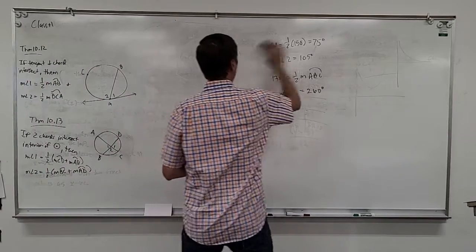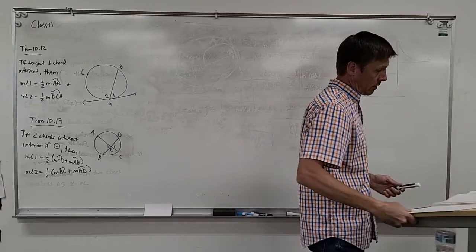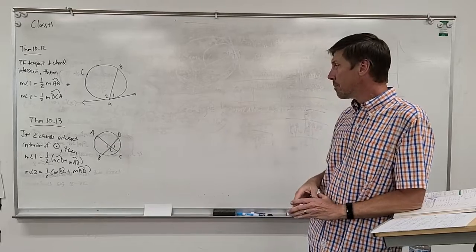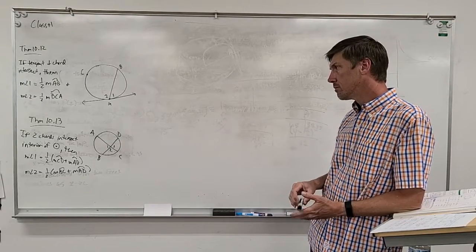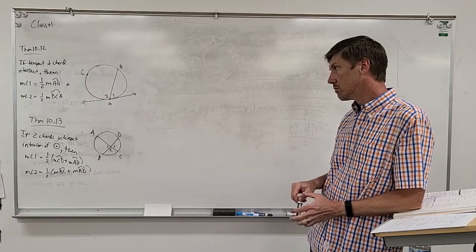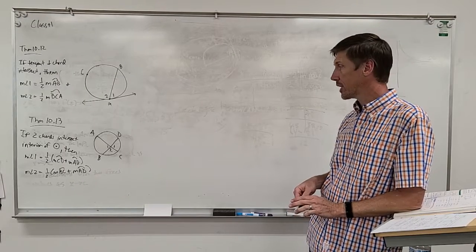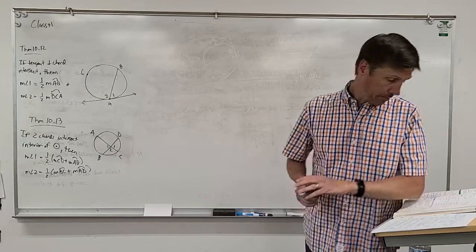So if we were to do a problem related to that, you could just take the measure of CD to get it, looks like, or the measure of AB. But if it's not in the middle, then it's not in the center, right? Yeah, exactly. That's why we have to have this one.